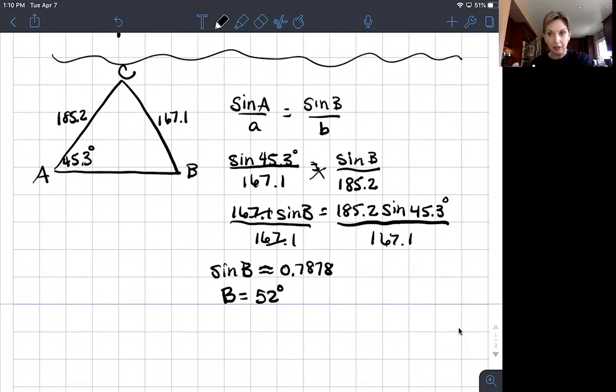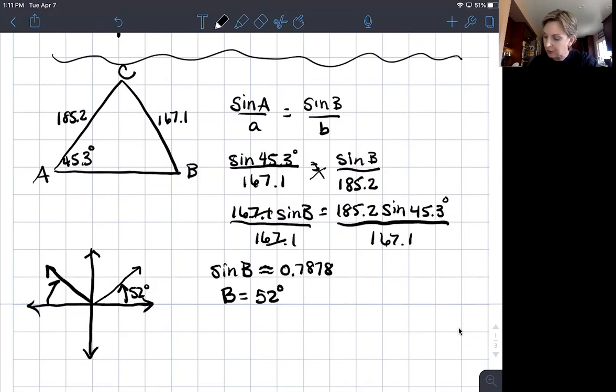Now there's another angle that has that same sine, like we said before, right? This angle in the first quadrant has a sine of 0.7878, but the angle over in quadrant 2 that has a reference angle of 52 also has that same sine.